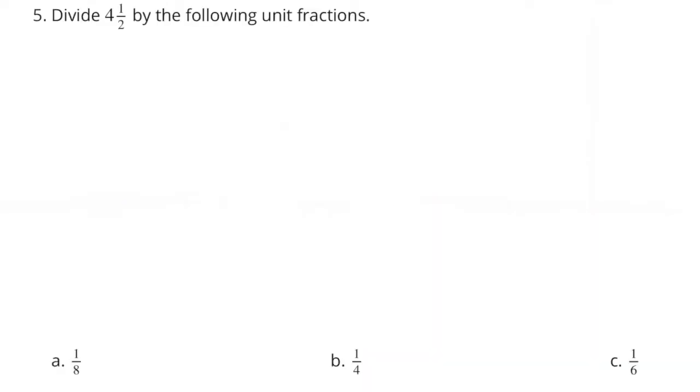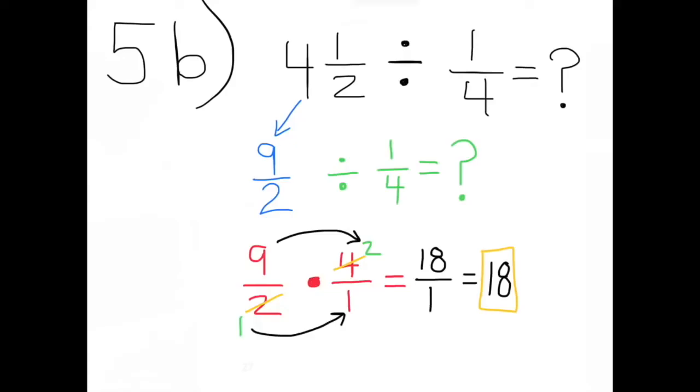B. 1/4. 4½ divided by 1/4 equals what number? Again, 4½ is the same as 9/2. 9/2 divided by 1/4 equals what number? 9/2 times 4/1 equals 18/1, which is the same as 18. There are 18 groups of 1/4 in 4½.